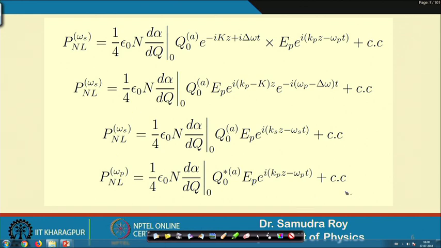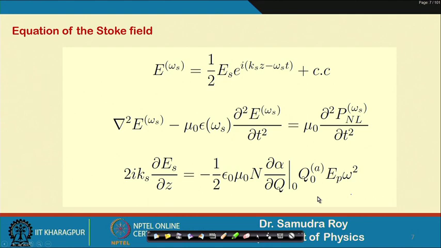once we have the information of P nonlinear with the frequency components omega s and omega p, the next thing that we do is readily calculate the evolution equation, or the evolution of the Stokes field. In order to find the evolution equation of the Stokes field, we need to solve the nonlinear Maxwell's equation.